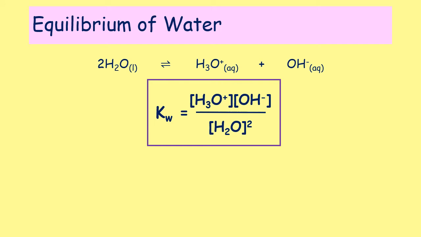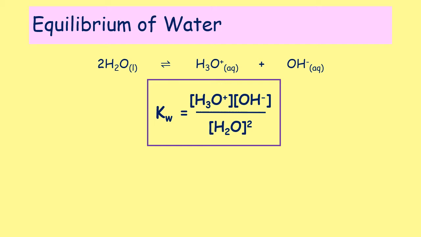Because water is so ubiquitous, so prevalent in chemistry, we give it a special equilibrium constant value of Kw. We could see it would be [H3O+] multiplied by [OH-] divided by [H2O] squared.